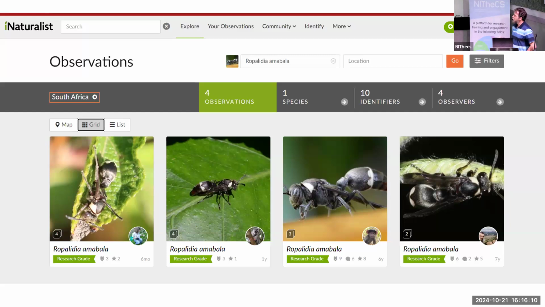And this group only occurs in Africa, India, and Australasia and those areas. So it's not in North America, it's not in South America. And it's a very beautifully sculptured insect. So from this structure, you know it's that particular genus. And then this is a stunning insect. Most of these wasps are brown or reddish in color with some yellow markings. Here we have a black wasp with these sort of white markings.